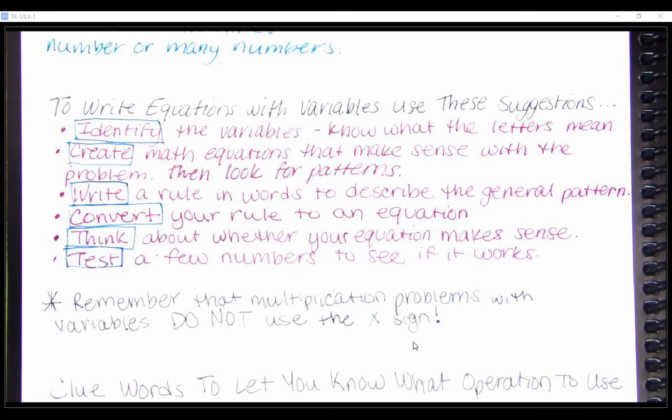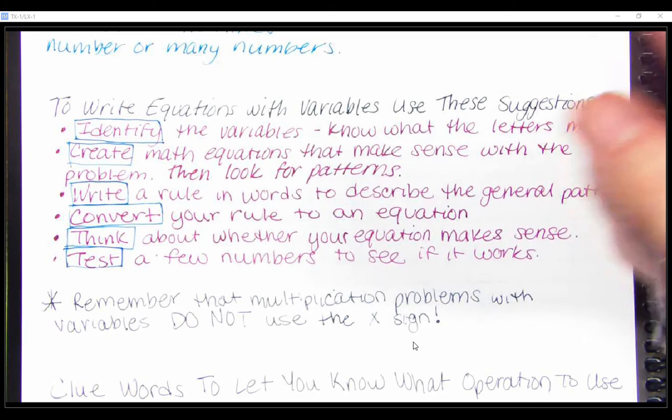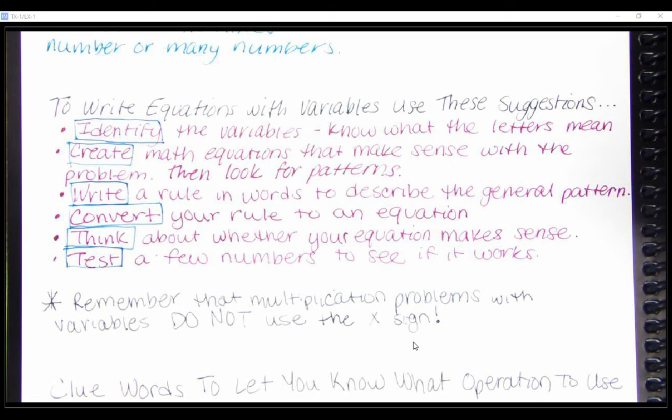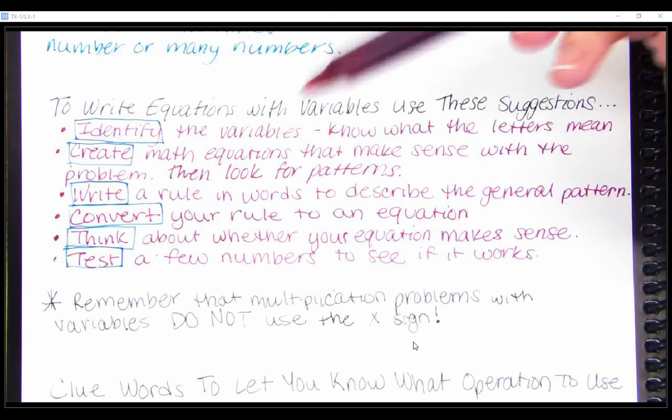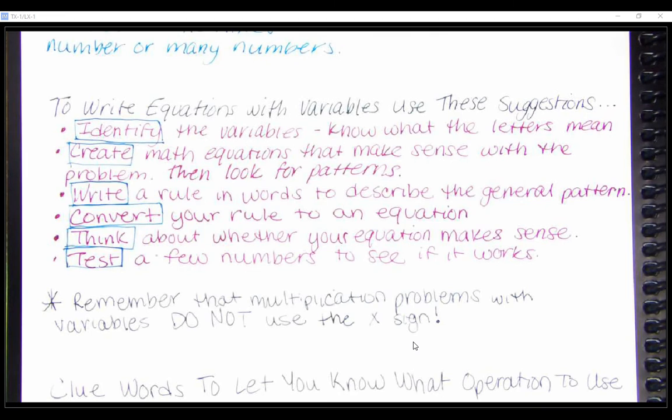First one is identify the variables. You're not going to be able to solve the equation if you don't know what the letters mean. So if you need to physically write it out, highlight it, something, but do whatever you need to do to know what those variables mean. Second is to create math equations that make sense with the problem. Then look for patterns. So if you have a situation in which you can visualize, or you can play with some numbers, do that and then see if there is a common theme between all those numbers or all those equations.